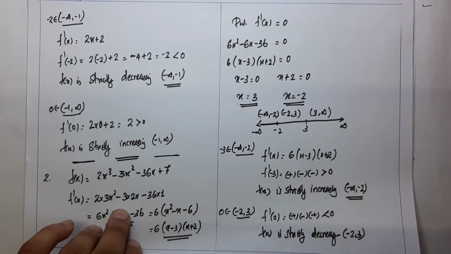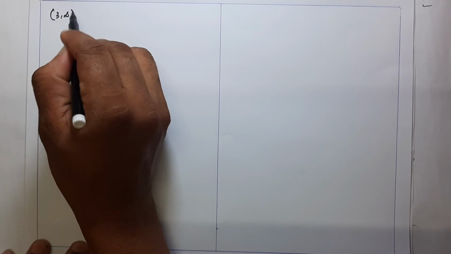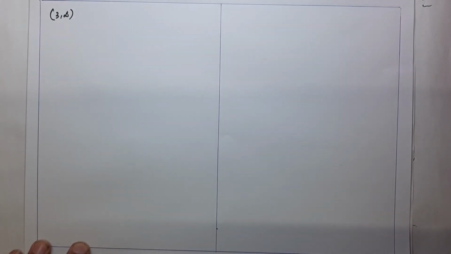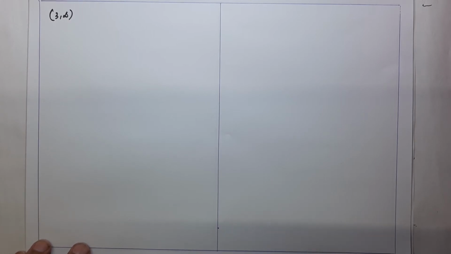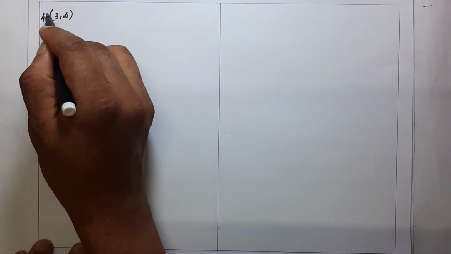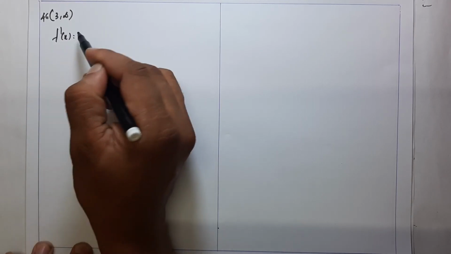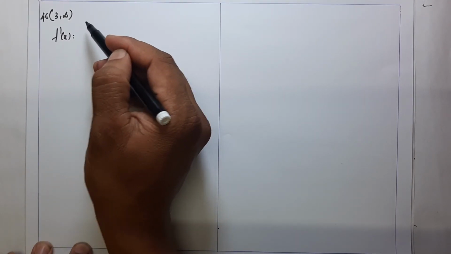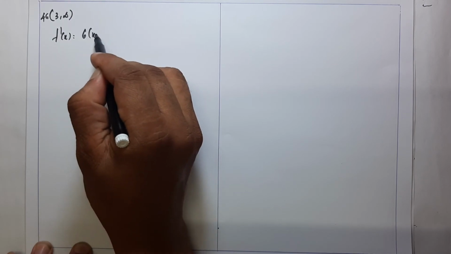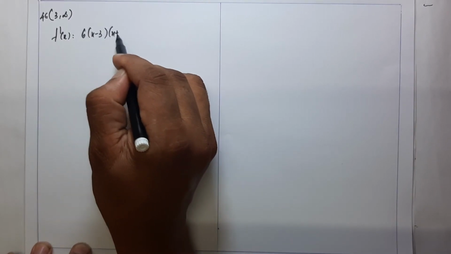Now we check in the interval 3 to infinity. You take any point that lies between 3 and infinity. Take 4. 4 is an element of 3 to infinity. Here f dash x is 6 into x minus 3 into x plus 2.